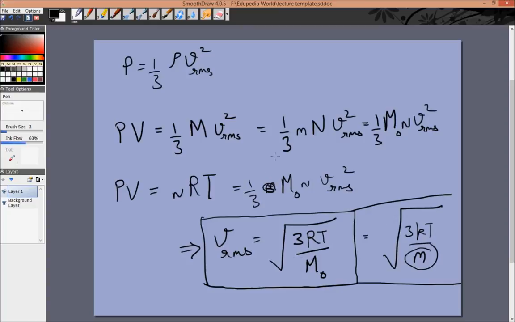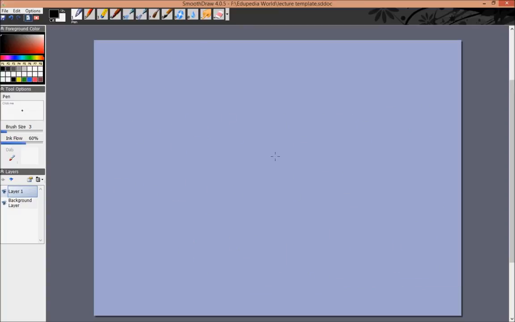So now that we know Vrms, let's try to calculate the relationship between temperature and kinetic energy. First of all, this shows us that temperature is indeed proportional to the speed of the molecules. If the molecules start moving faster, Vrms will increase. That means the temperature will increase as well.